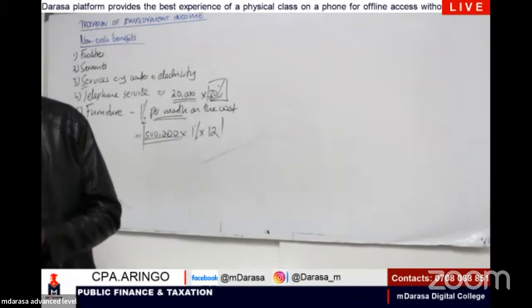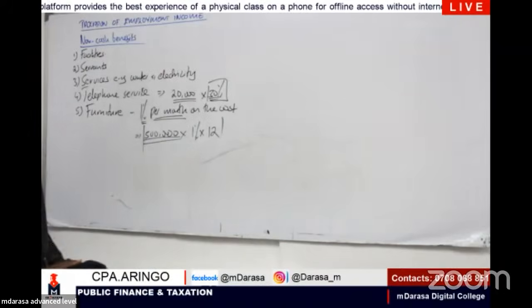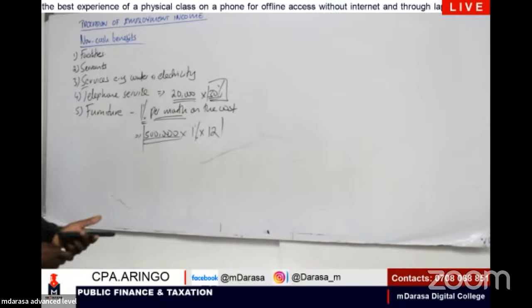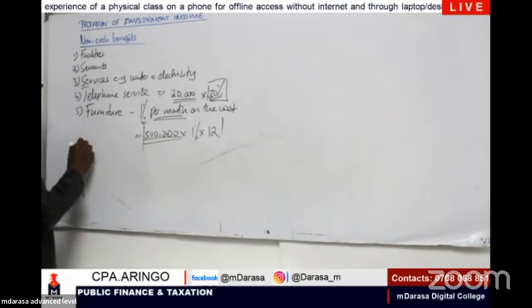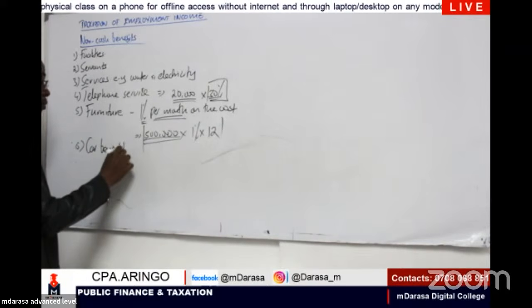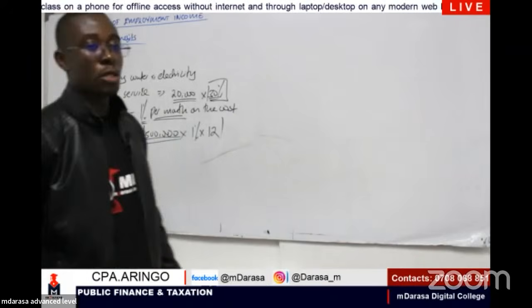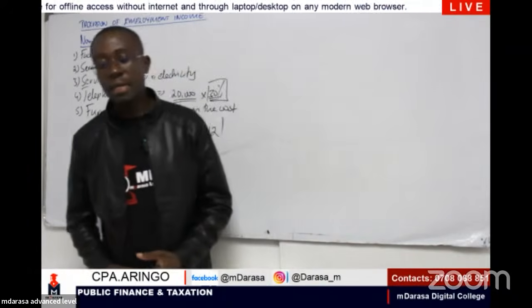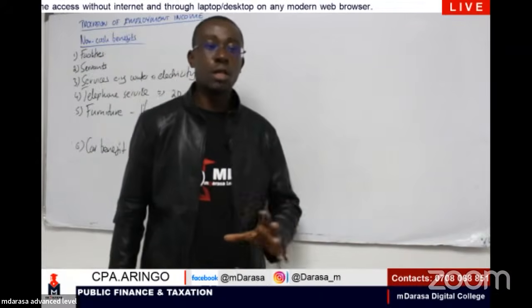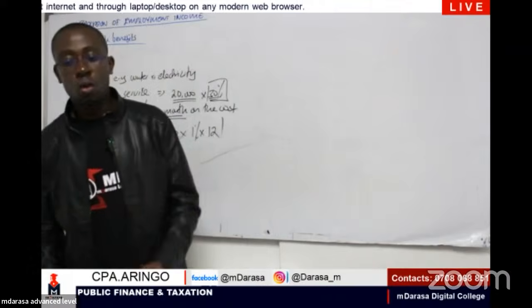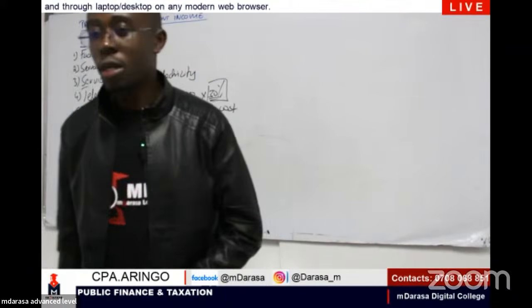The other point here, we can talk of the aspect of car benefit. So number 6, car benefit. For car benefit, it is very ideal that you should always be able to understand how we normally tend to read the schedule I'm going to show you guys.